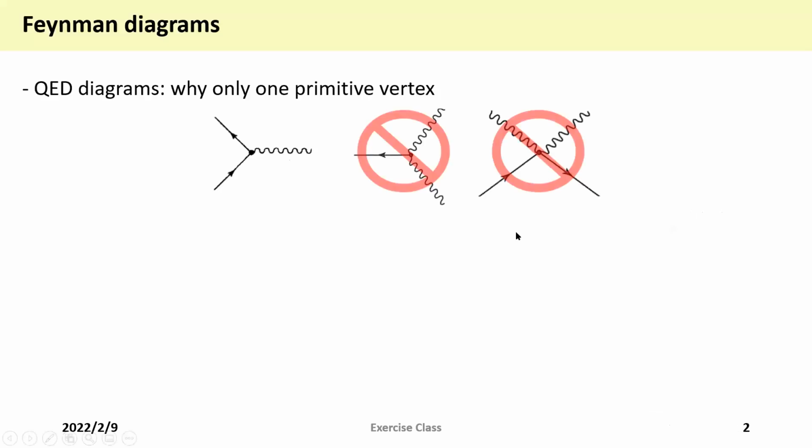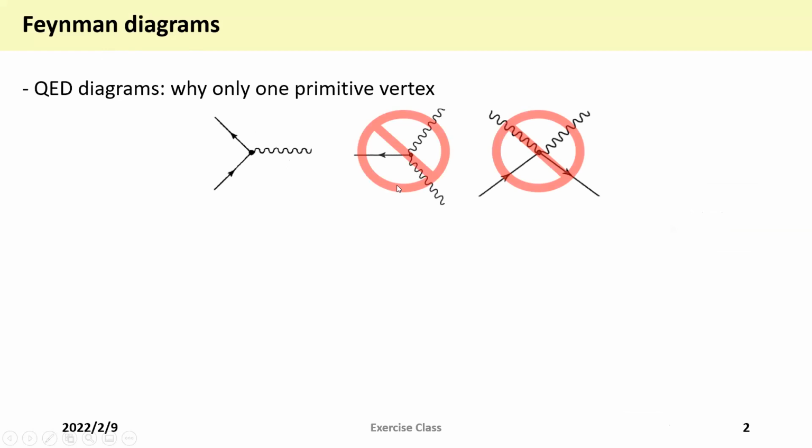Before discussing the exercise question, first I would like to answer some of the questions that were raised last time. The first one is about the structure of the Feynman diagrams. A student asked why there's only one allowed primitive vertex like this.